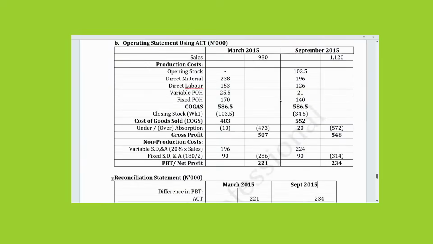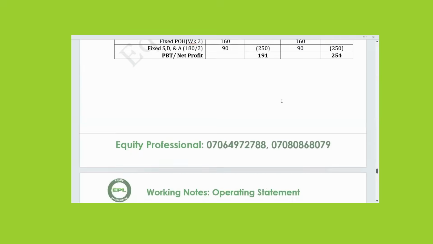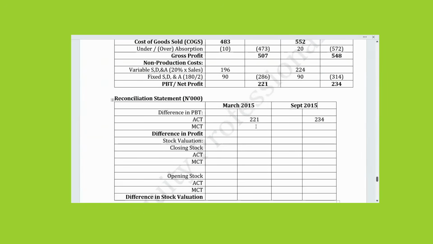So under marginal, 191,254. So 221 minus 191, what do you have? That should be 30. Then this one will be minus 20, right? Yes, sir. So that's difference in profits.